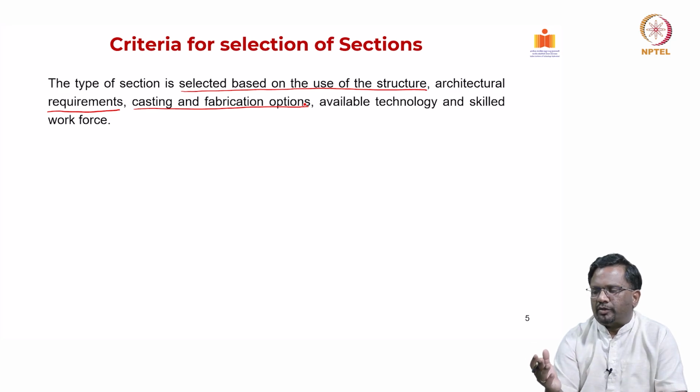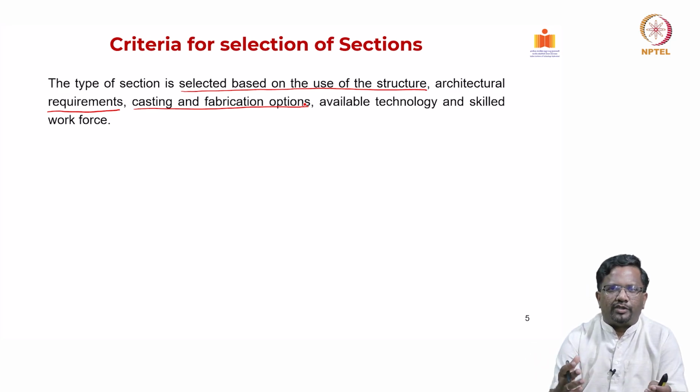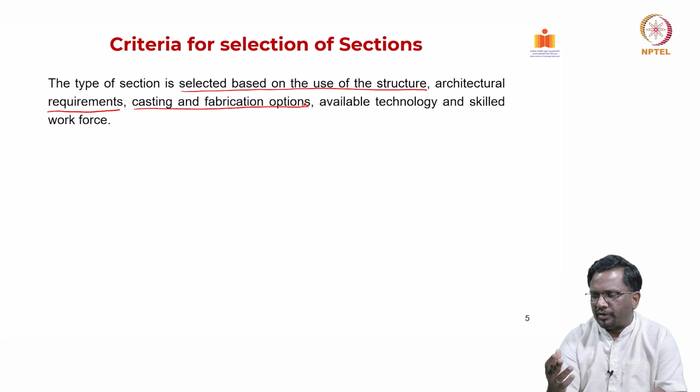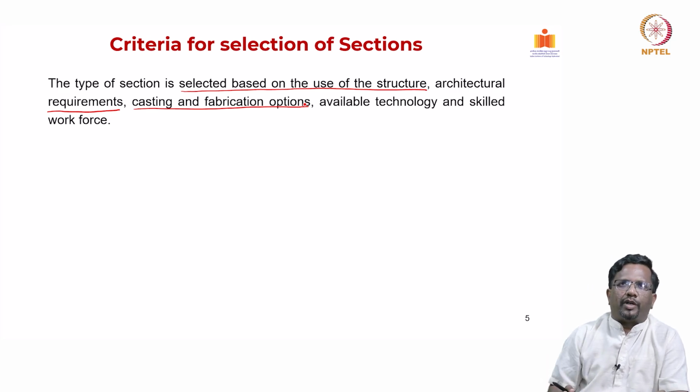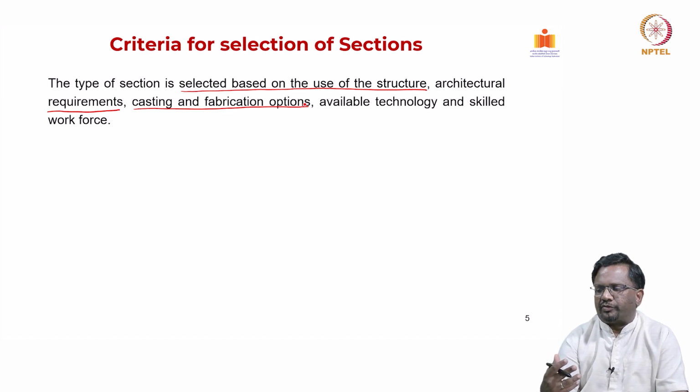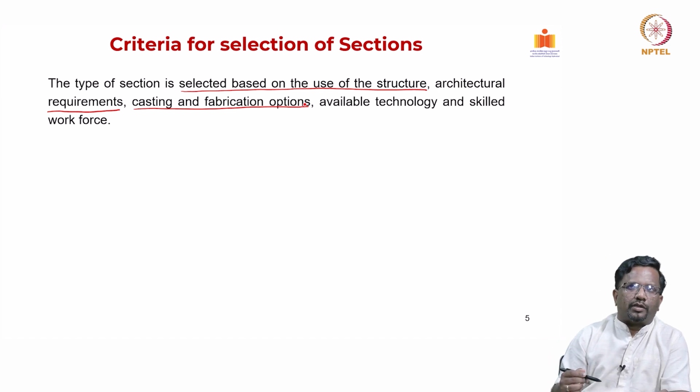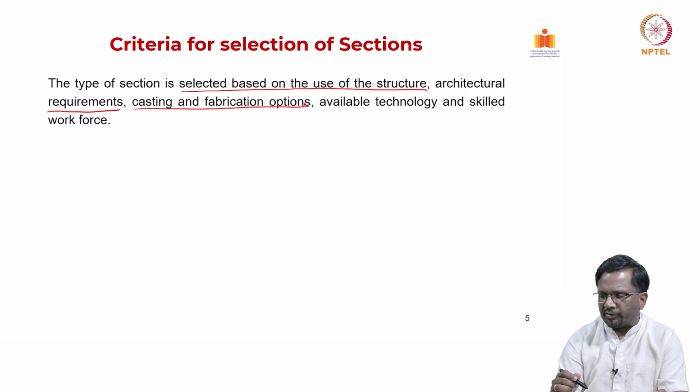If the number of elements is going to be less, then I should not use different cross sections, because the cost of the formwork will become high. So, it also depends upon construction, the type of structure, and the architectural requirements. Sometimes the sectional shapes have to be decided.